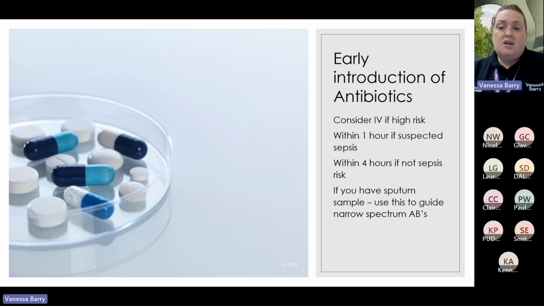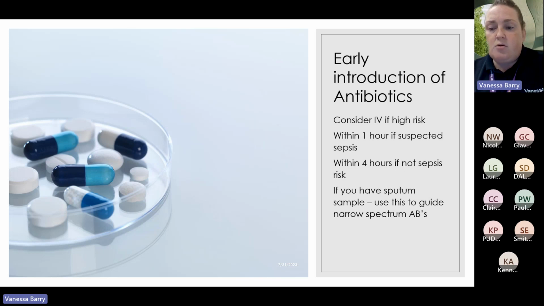So, early introduction of antibiotics. If you're out and about in the community and somebody's very unwell, the aim is just to get them straight into hospital, and they will commence antibiotics within an hour if sepsis is suspected. Usually these will be IV, and if high risk, the same IV. If we're not sure, and they're unwell but we're not thinking sepsis, then usually the target is within 4 hours to have some antibiotics, whether oral or IV, and to be gaining a sputum sample.